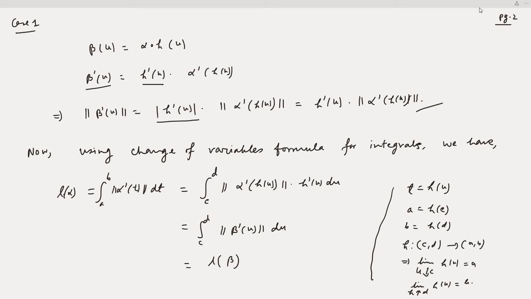Okay, so for the case when beta is a positive reparameterization of alpha, we have length of alpha equals length of beta. So case 1 is done.